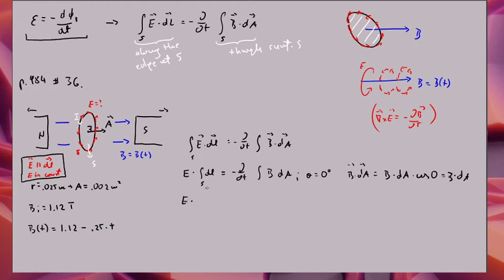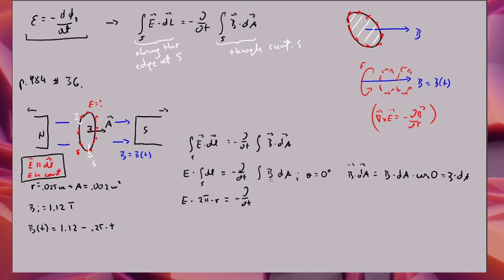Electric field times, well, what do you get if you integrate all of the little dLs along the loop here? Well, you just get the length of the loop, and that would be 2 pi times r. And I know the radius of this loop, equals minus d/dt.